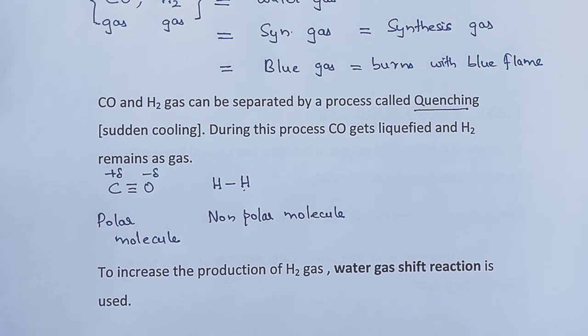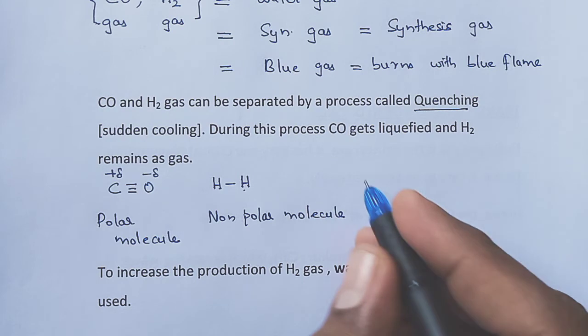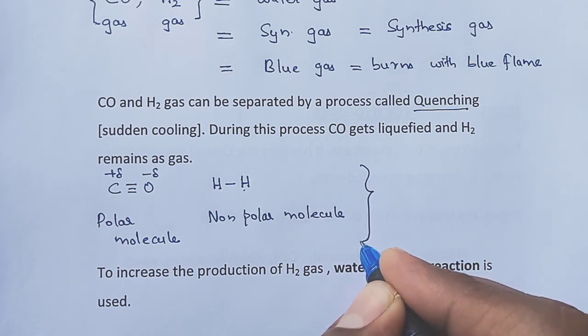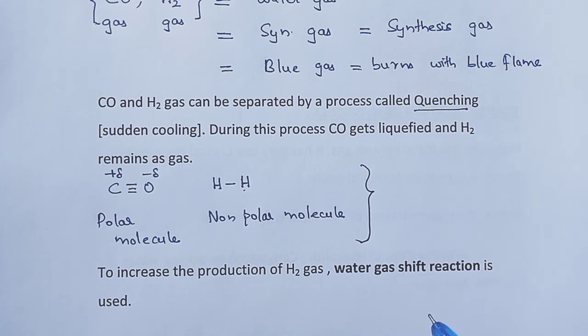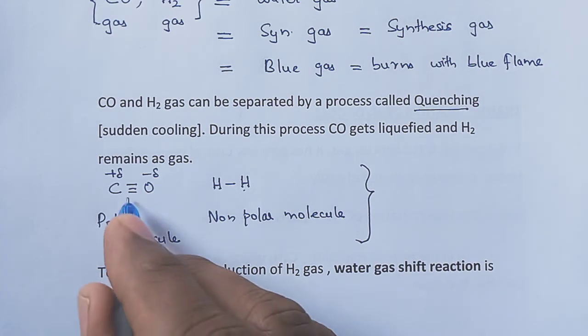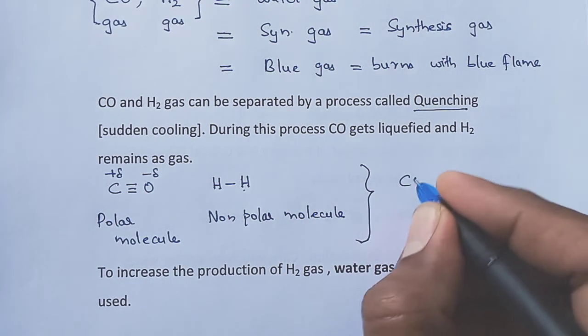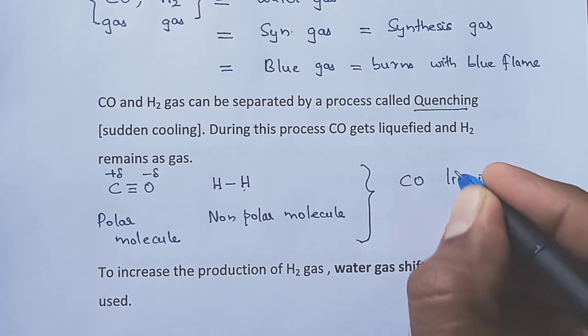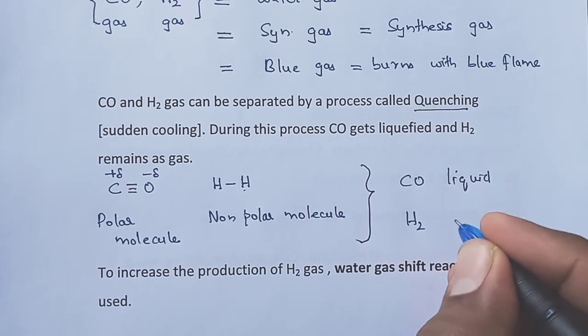We know that polar molecules have dipole-dipole attractions. Therefore, they get liquefied very easily. Therefore, when these two are subjected to sudden cooling, what happens? This carbon monoxide gas will convert into liquid, but hydrogen will remain as gas.